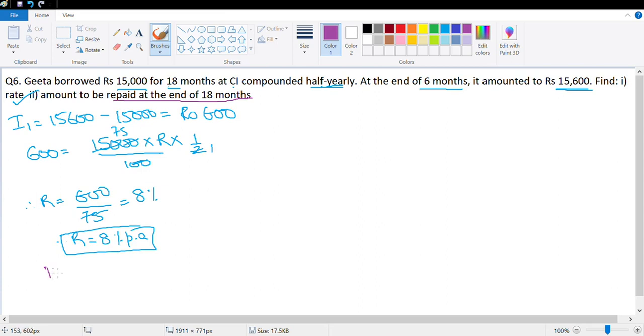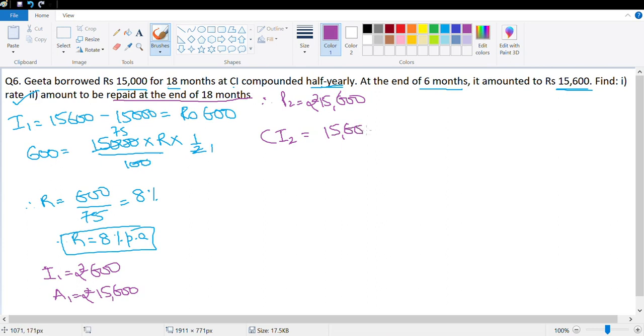I know I1 is equal to rupees 600, A1 is equal to rupees 15,600, which means P2 is equal to rupees 15,600. Let's calculate interest for the second term, which is the second half year, which is principal 15,600 into rate.